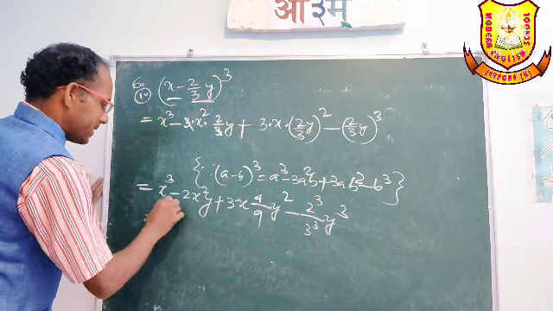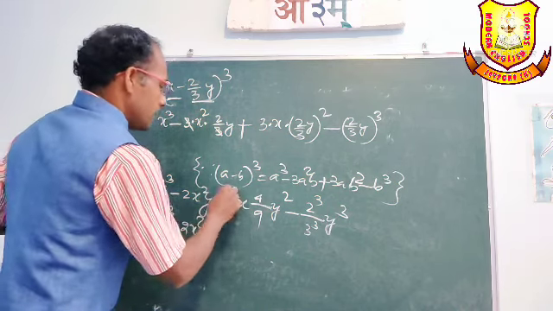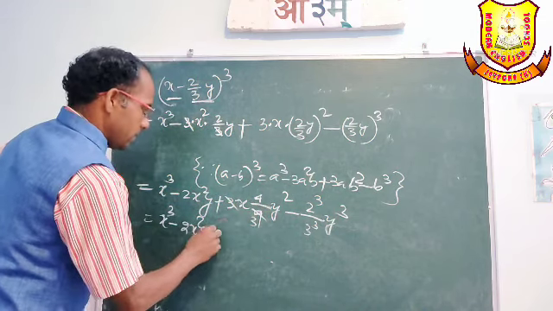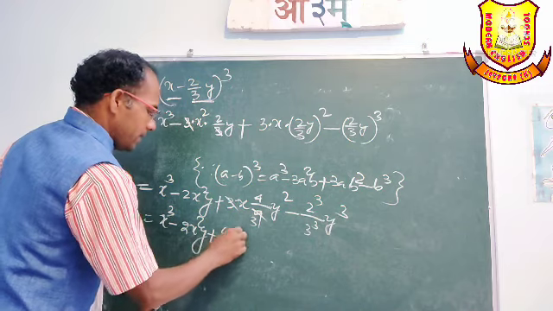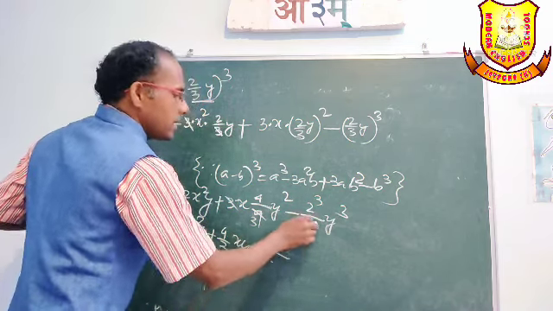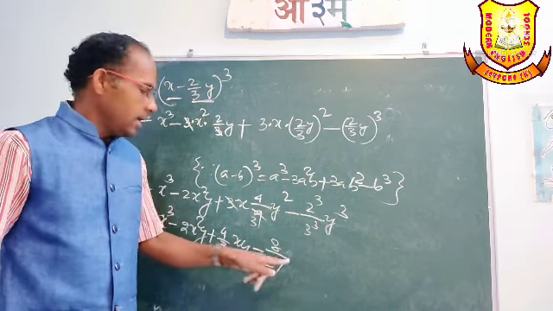So x cube minus 2x square y, and 3 cancelled, so it will be 4 by 3 xy square minus 2 cube equal to 8, 3 cube equal to 27. 3 into 3 into 3, 3 3 is 9, 3 is 27.